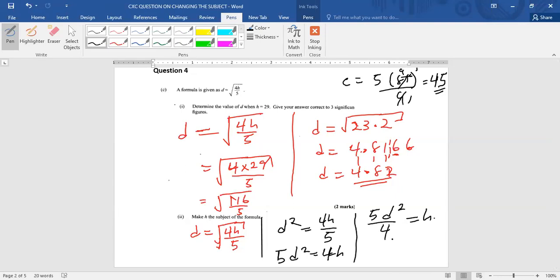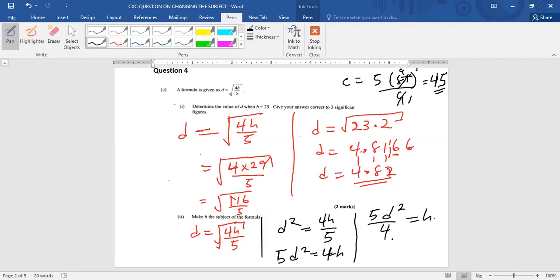That's the main hard component that I would get rid of, and find the opposite, which is square. So I squared the d. So I had d squared equal 4h over 5.